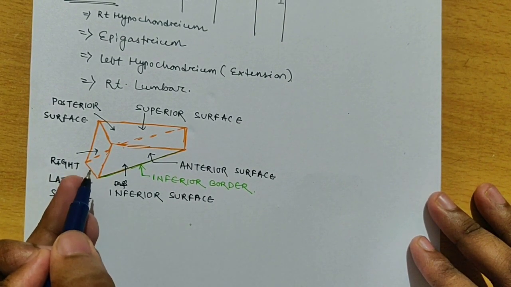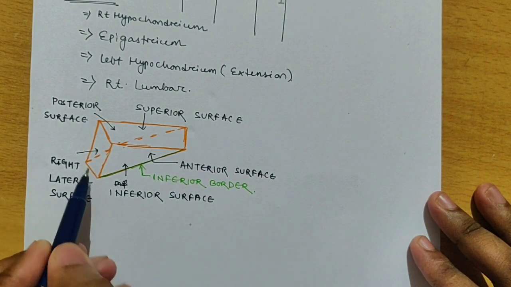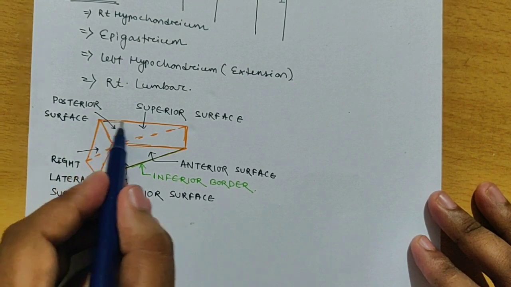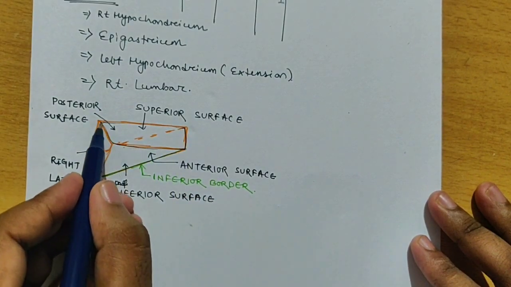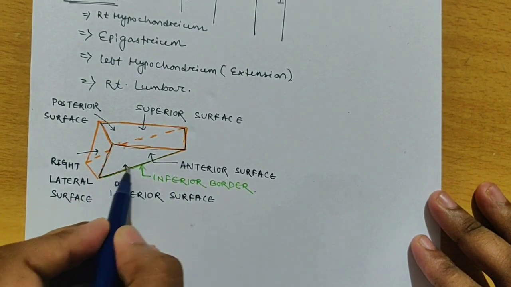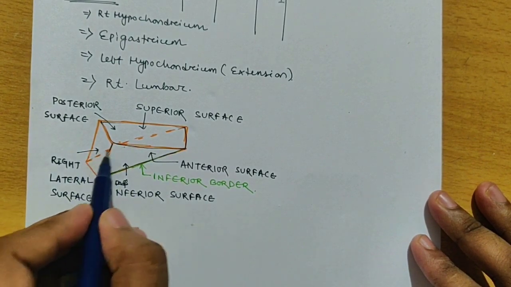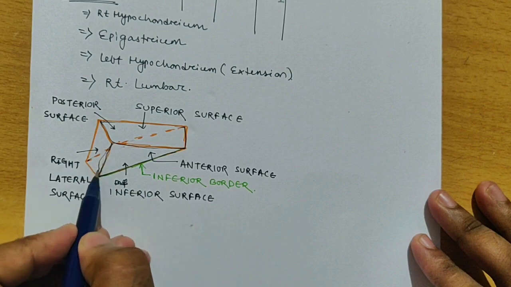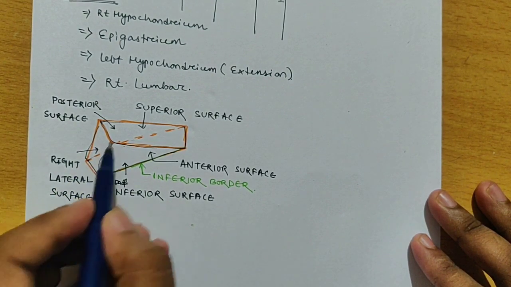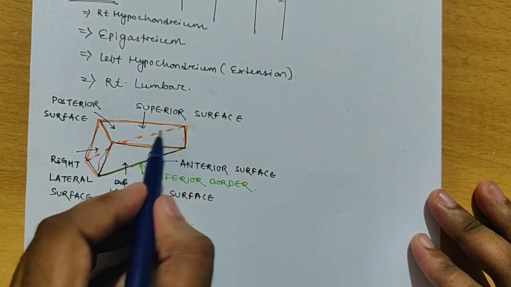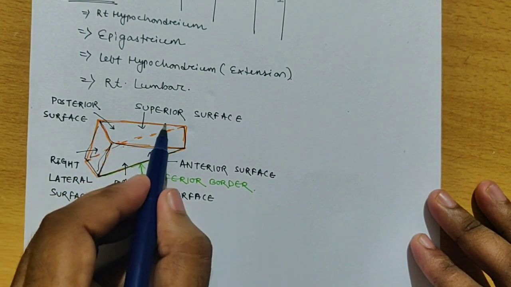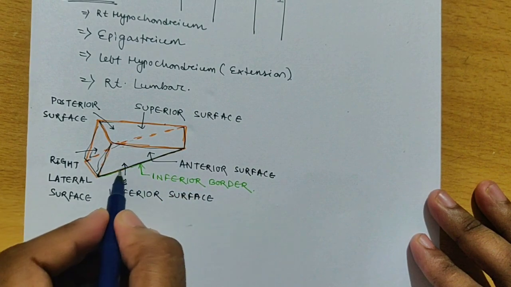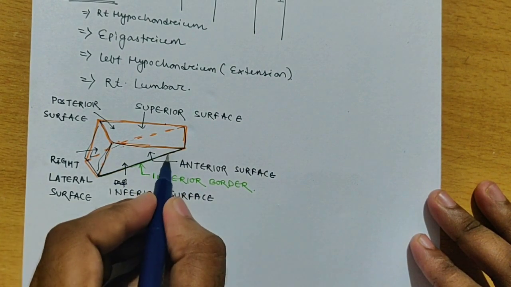The liver is basically wedge shaped, and this one is the 3D view of the liver. It has 5 surfaces. This one is the superior surface, this one is the anterior surface, this one is the inferior surface, this one is the right lateral surface, and behind it is the posterior surface, and it has one prominent border, that is the inferior border.